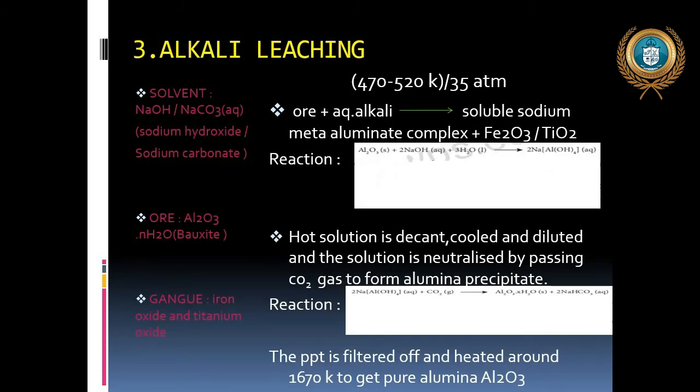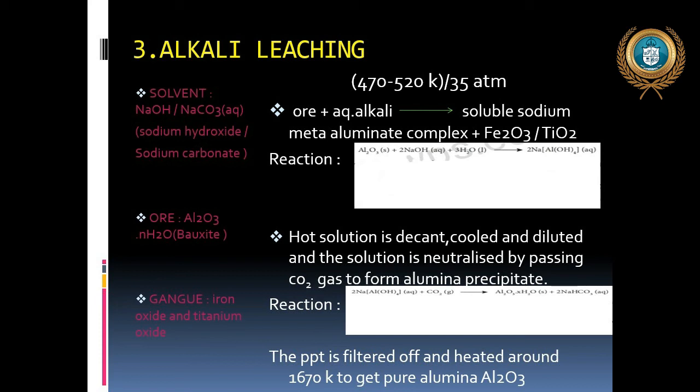Next, alkali leaching. Here the solvent used is sodium hydroxide, or we can use sodium carbonate. Then the ore is bauxite ore and the gangue particles are iron oxide and titanium oxide. In this method the ore is treated with the aqueous alkali to form a soluble complex.